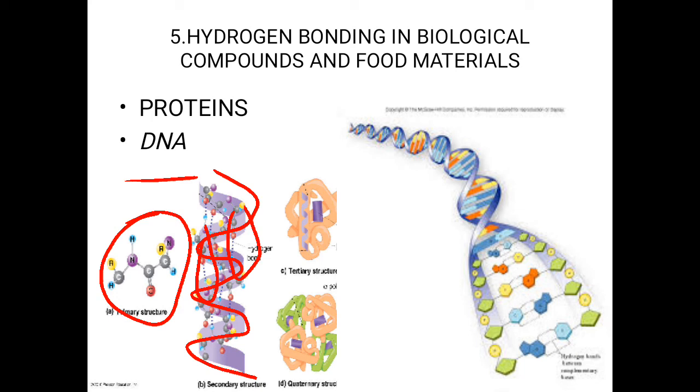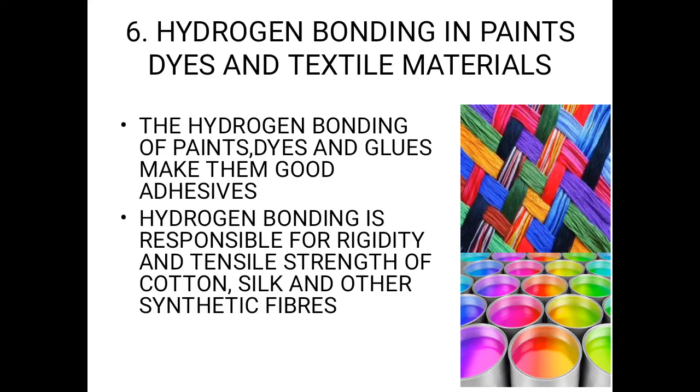So we see that these molecules are linked together by hydrogen bonds, and these dashed lines are hydrogen bonds. They bind two helical strands together, so it is formed as a double helix just because of these intermolecular forces of hydrogen bonding.